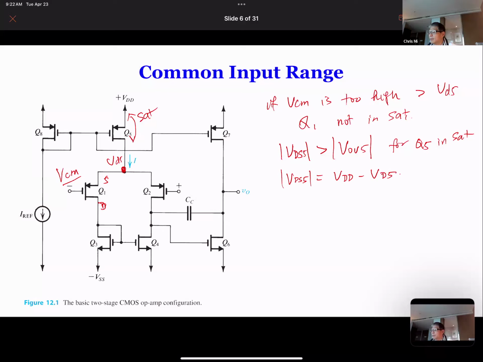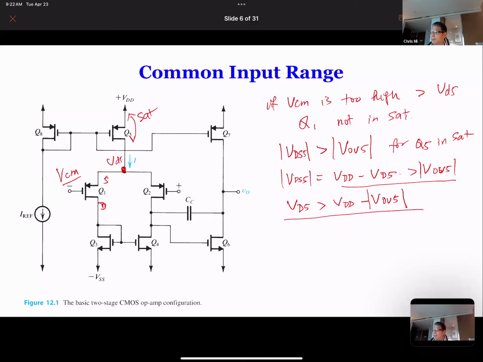And this has to be larger than VOV5. So from this equation here, we have VD5 has to be larger than VDD minus VOV5. So the first one, we got this one here: VD5 has to be larger than VDD minus VOV5.